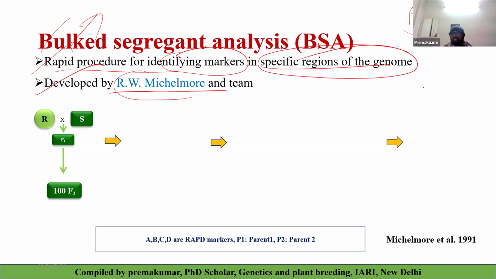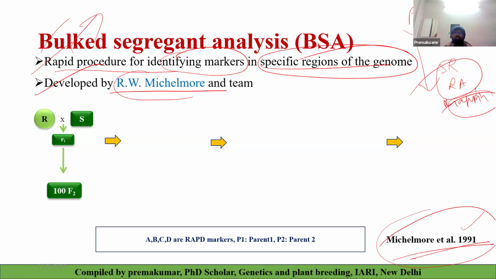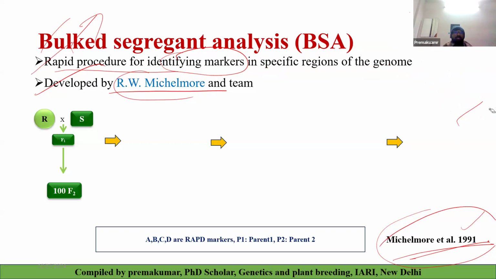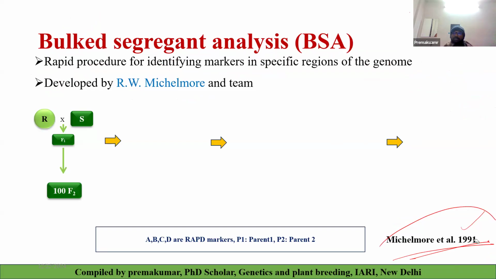They will ask how rapidly you can map the gene. Today we're going to discuss this. In 1991 this very rapid approach of mapping a particular gene came.